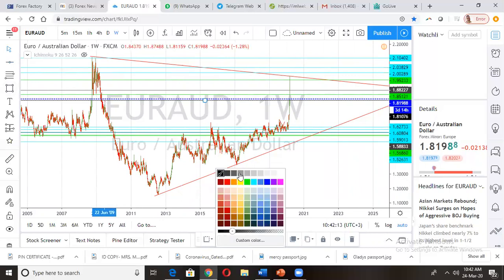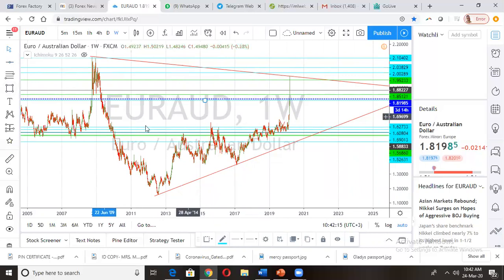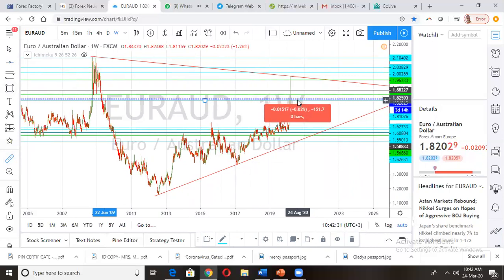I like to color my lines. Usually I don't like to see too much. I know you guys are seeing a lot of lines, but for me, I feel they are not as many as they look. And so that's about 150 pips on Euro AUD on a potential bearish trend.